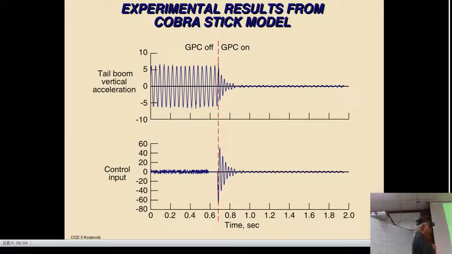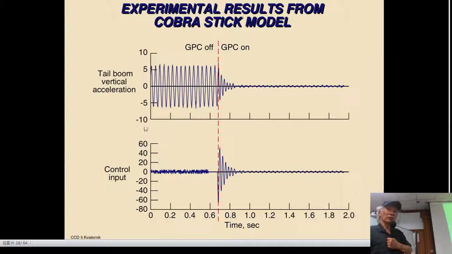All right, the same thing. If you look at this, the first 0.6 second, do you see that first 0.6 second here? We have a control input, and then we have the tail boom vertical accelerations. This is the output. This output includes the output introduced by the control force, but this control force is very small.